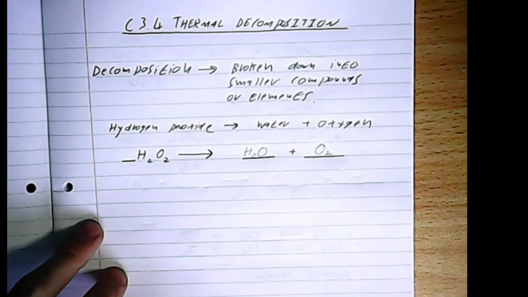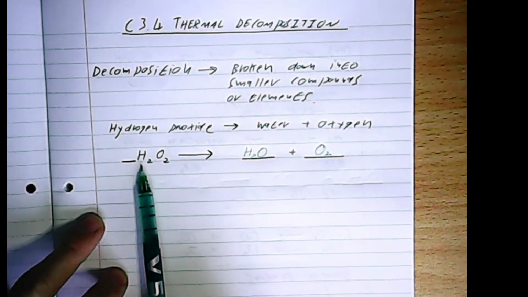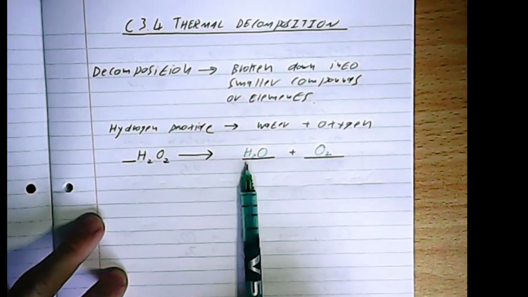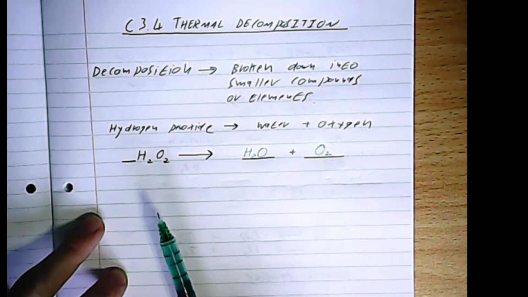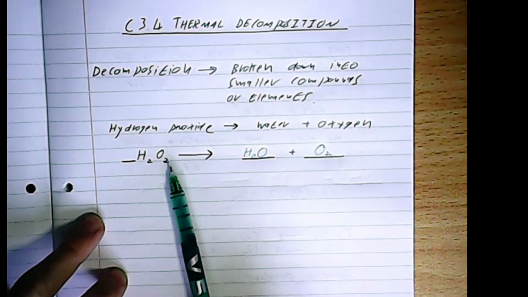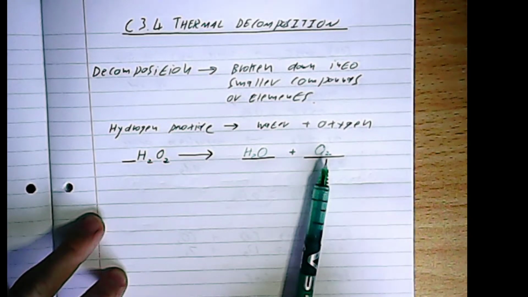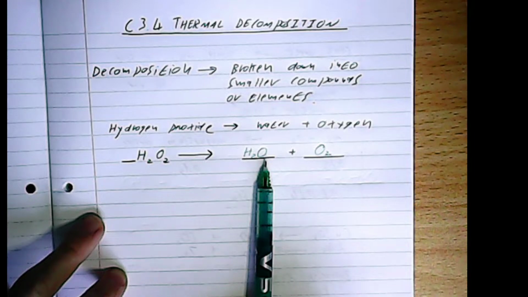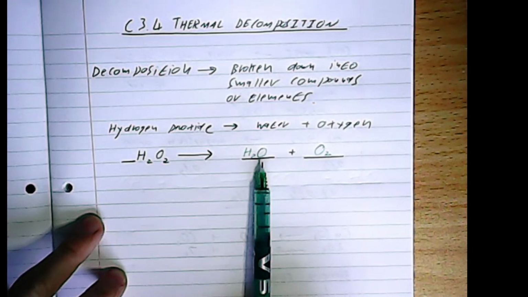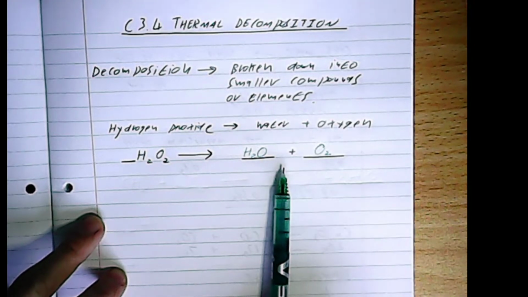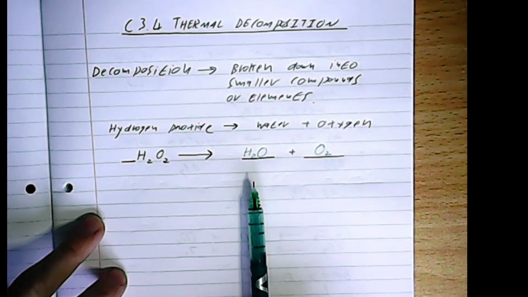If we try and balance everything, we've got two hydrogens over here and two hydrogens over here, so the hydrogens in theory are done. We've got two oxygens over here, but three oxygens over here. Now remember, from balancing equations, this is going to come up in our next lesson as well. We cannot change these formulas at all, but we need the same amount of oxygens on either side.